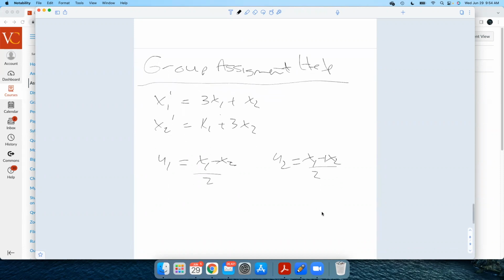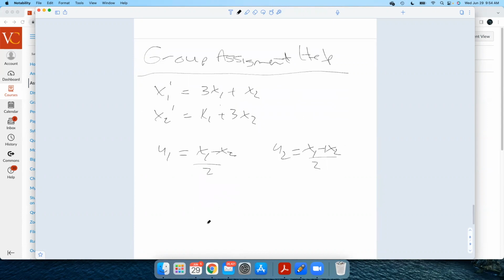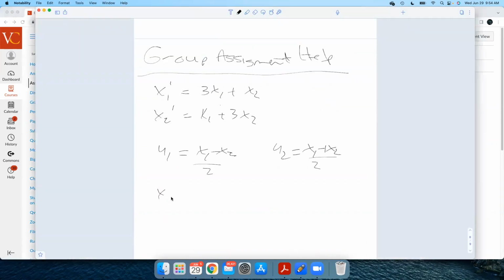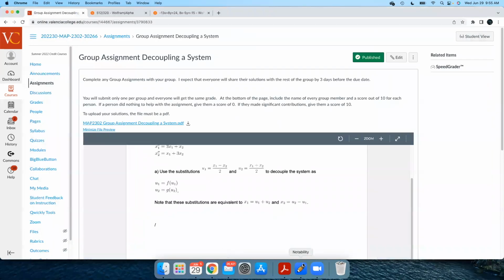And then what's going to be helpful is solving these two for x1 and x2. That's already been done. x1 is the sum, x2 is the difference. And I got to make sure I wrote that in the right order. I think so, yeah.